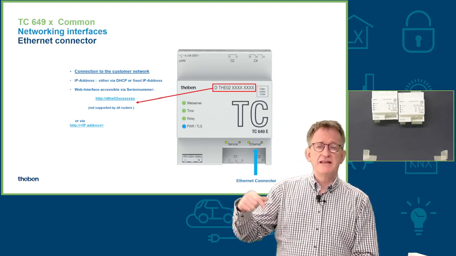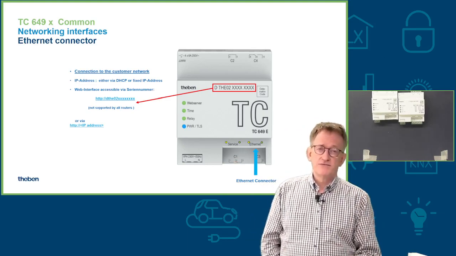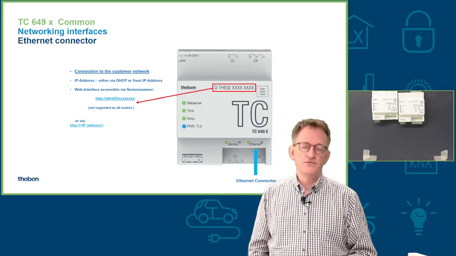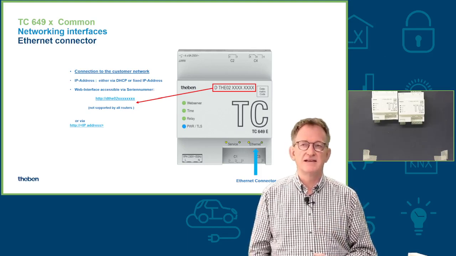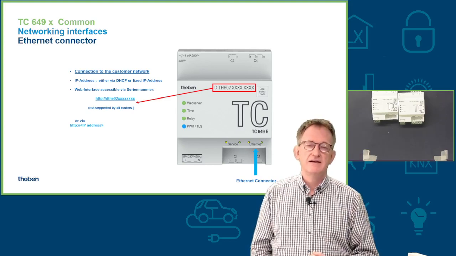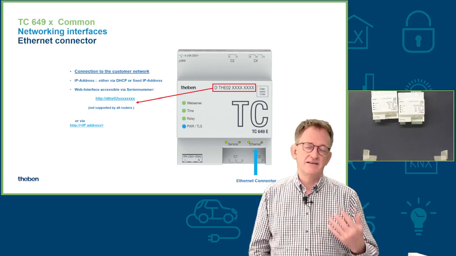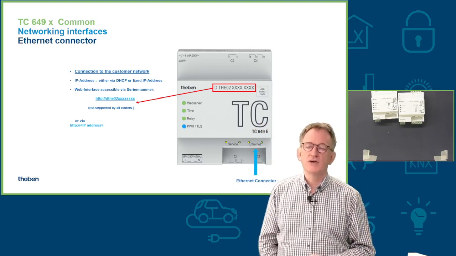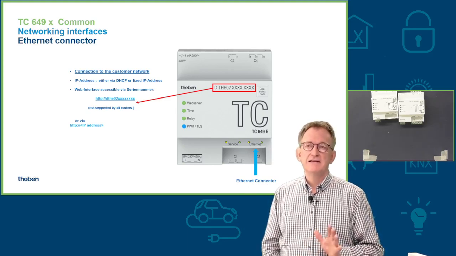It will typically request an IP address via DHCP from your customer network, and it will also get a few other pieces of information from the network like the gateway IP address, the subnet address, and so on, so that it can properly communicate within the customer network. You can configure the network settings either via DHCP, or you can also configure a fixed IP address via the web page. Both are possible, both are allowed, that's fine.